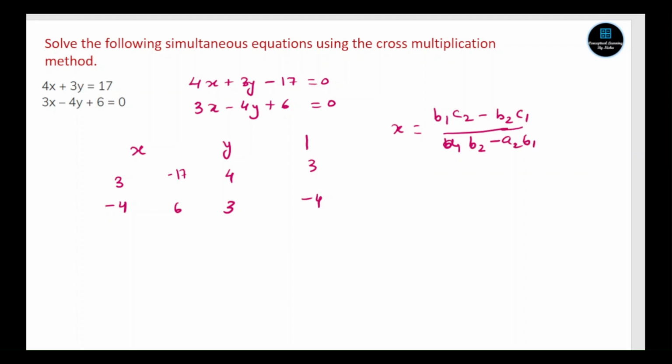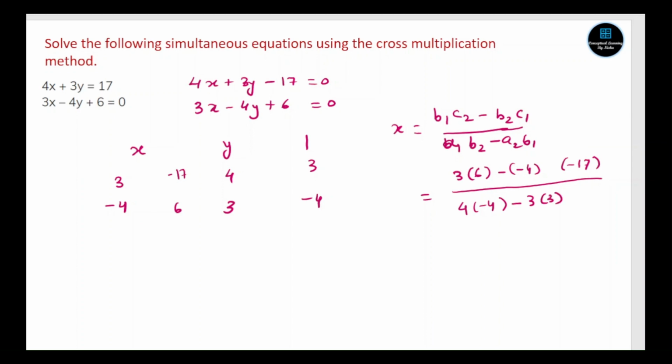And you have to now substitute the values. So we have 3 times 6 minus b2, which is minus 4, times negative 17, and then upon, you have to cross multiply this. So 4 into minus 4 minus 3 into 3.